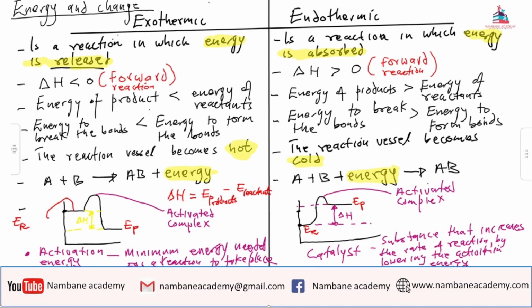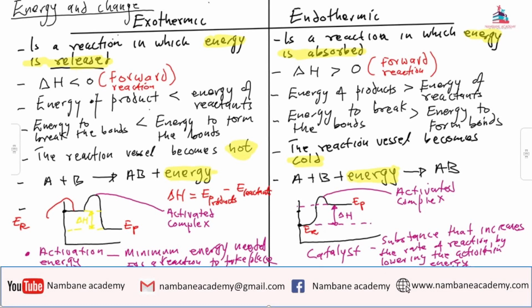So this is one of the lessons I did for grade 11s, where we want to be in a position of identifying how best one can say the reaction is exothermic or endothermic, because they will not always tell you that delta H is less than 0. It's not going to be that easy all the time.